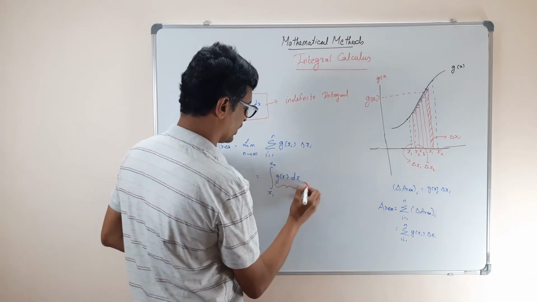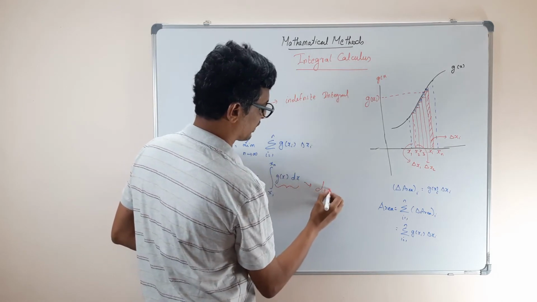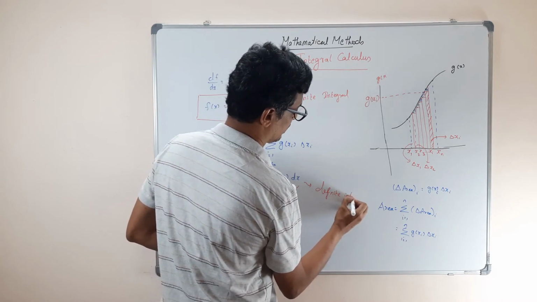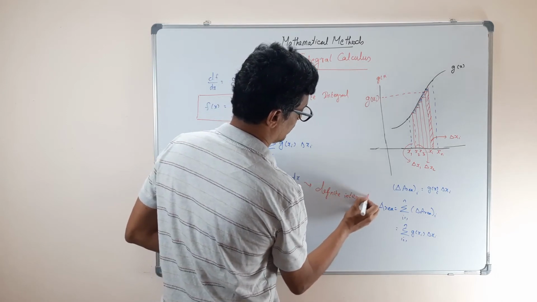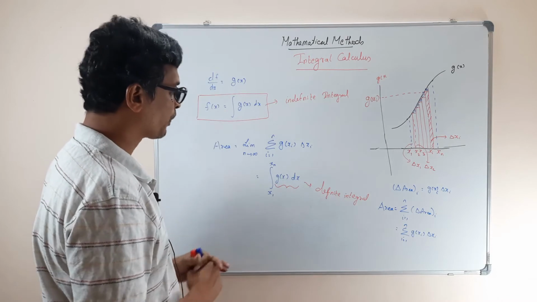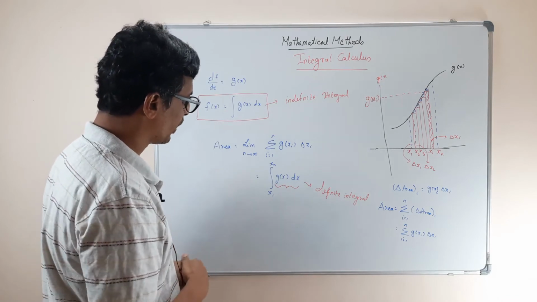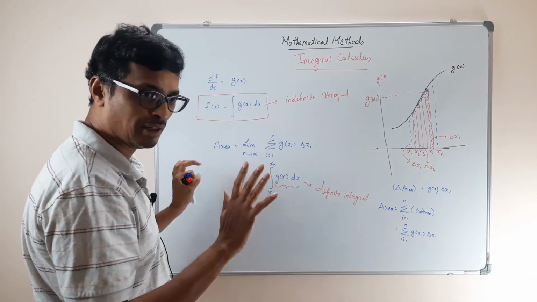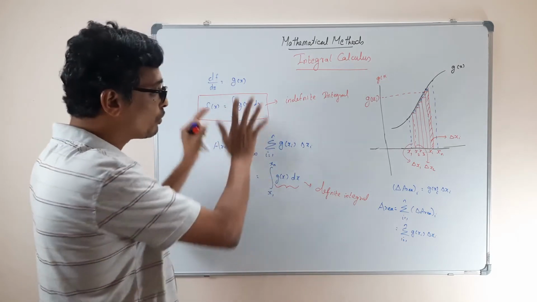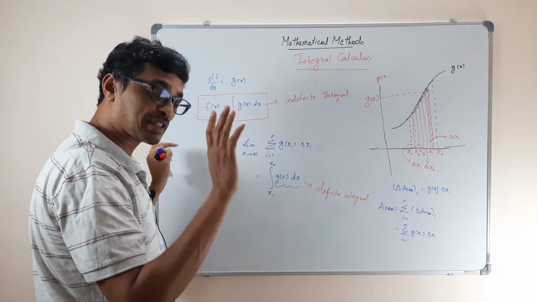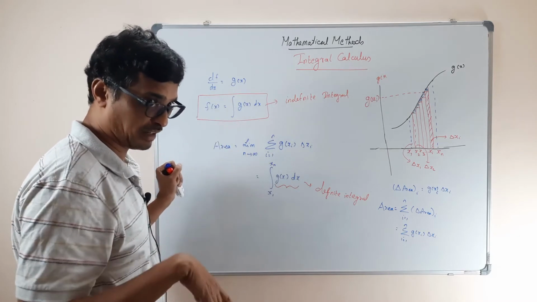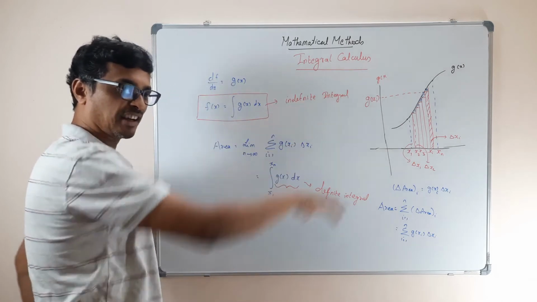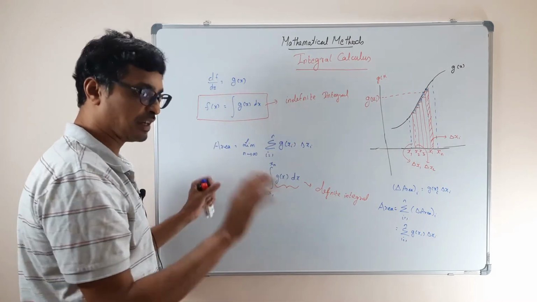And this is called your definite integral. This is all you have to see in your physics class. More about this integration you will study in your 12th standard mathematics. There are chapters on indefinite and definite integrals, and you will see more about that.